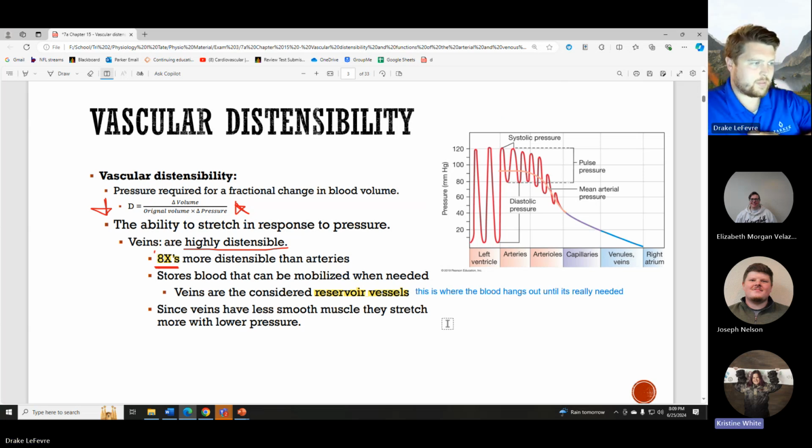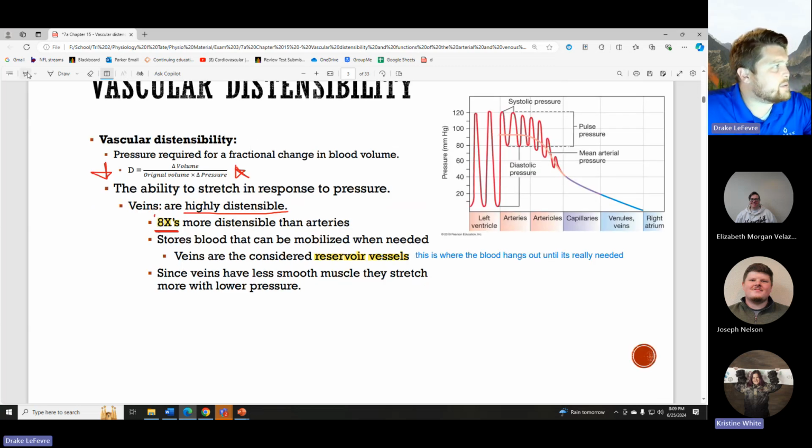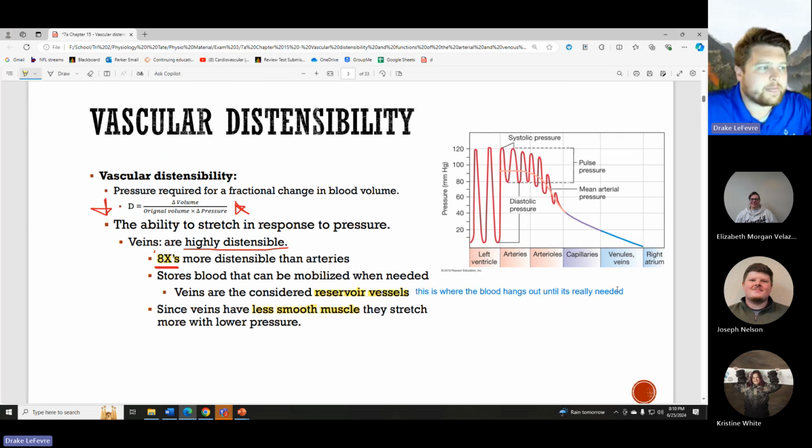So it doesn't take as much pressure to stretch a vein as an artery when compared. Yes, that makes sense. Correct. And that's because they have less smooth muscle. So because the veins have less smooth muscle, they stretch more with less pressure, or under lower pressure conditions.